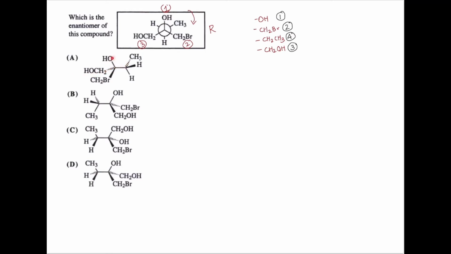So here is your inverted Y and here is your upright Y. By drawing the Newman projection formula, you're going to find out whether any one of these carbons has S configuration, which would be the enantiomer of this compound.